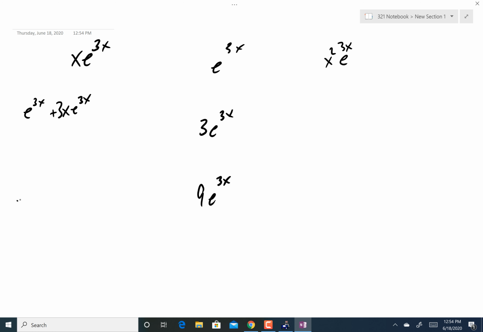And then the derivative of that will be this. This one's going to be 2x. And then, what a mess.